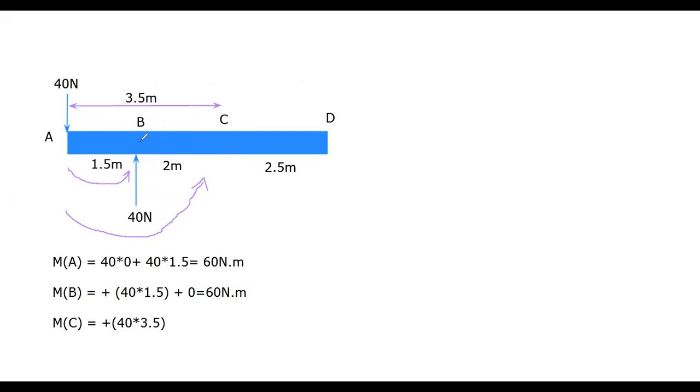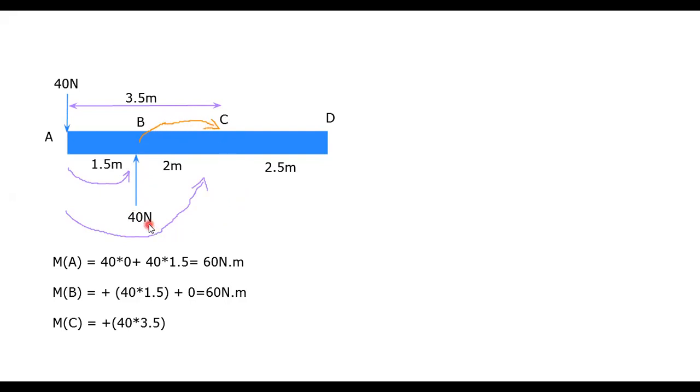Remember this thing. This will create the clockwise moment at point C. Remember this thing. This is the most important part, that this 40 Newton force is creating the clockwise moment at the point C. It is trying to rotate the shaft in clockwise manner.